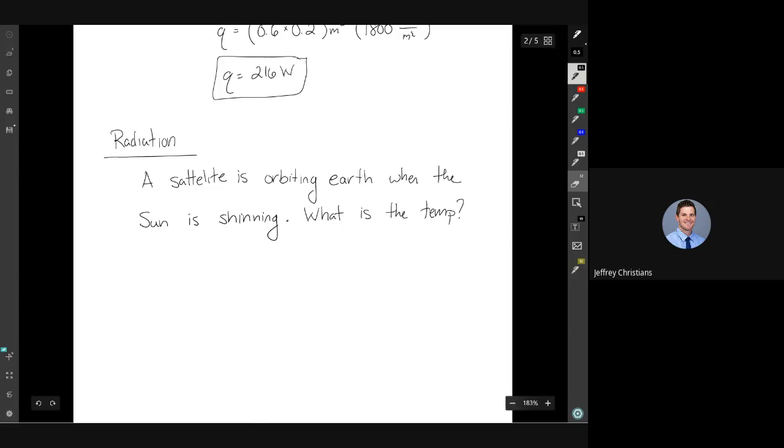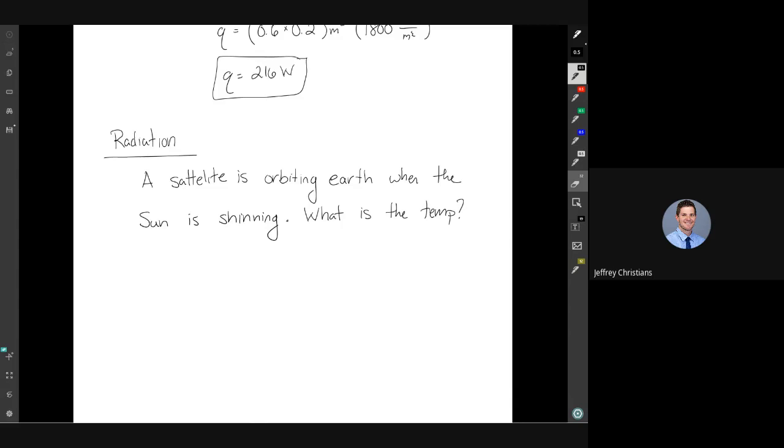Okay, so a satellite is somewhere in space orbiting the Earth. What's its temperature when the sun's shining? It's not touching another solid surface, so there's no conduction happening. It's not touching any fluid because it's in space, so there's no convection happening. So the only thing happening is radiation.